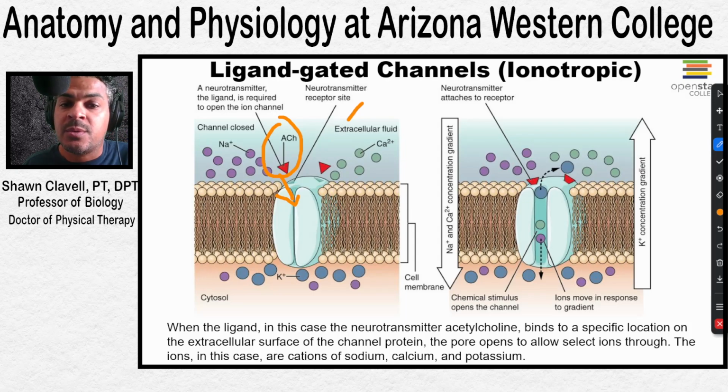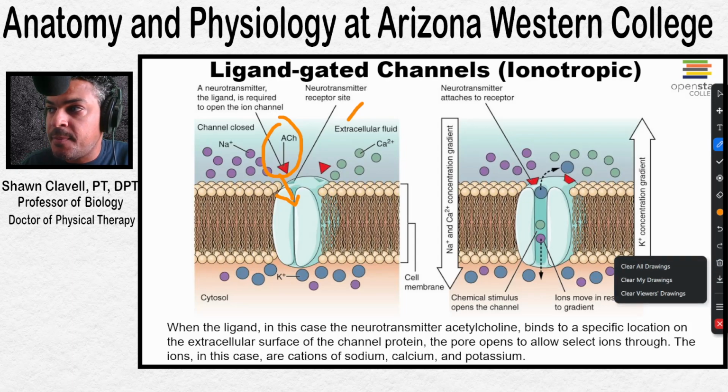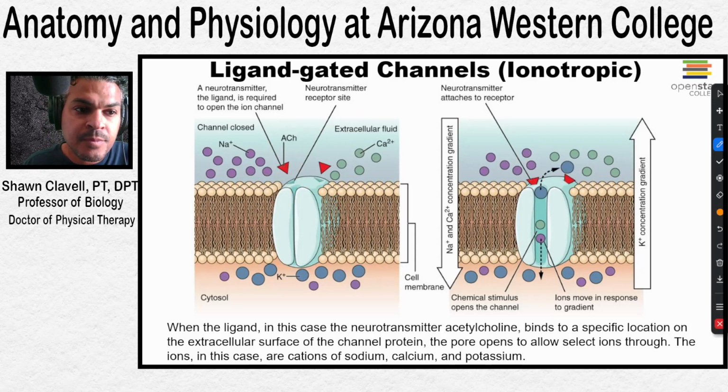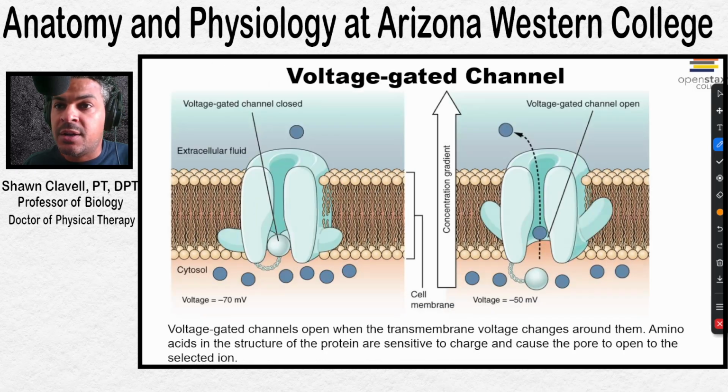As a result, we get a change in the concentration gradient. Those ligand gated channels can initiate a little bit of a change by having a neurotransmitter bind to the receptor. Then the receptor protein will open up, allowing the ions to rush in, and if the change is great enough, you can get these voltage-gated channels to open.